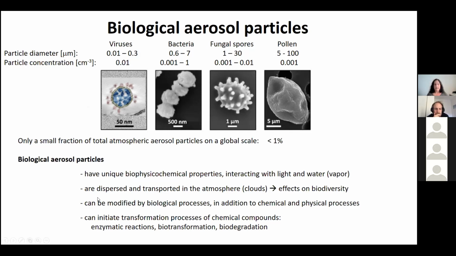And unlike other particles, they can also be modified by biological processes. So we know a lot about chemical and physical processes, but these biological processes that are obviously unique to biological particles are much more poorly constrained. And they can initiate very particular transformation processes like enzyme reactions, biotransformation, and biodegradation. And I will touch on some of these processes a little bit in my talk.